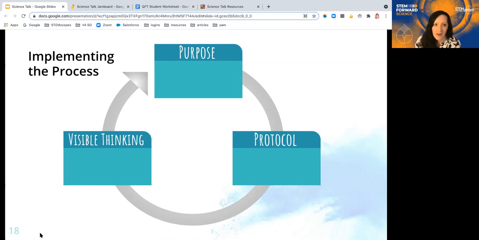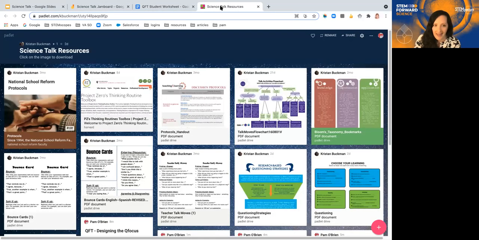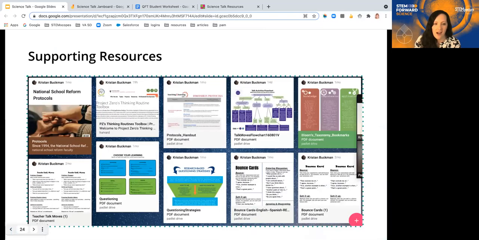Pam and I do know that there's a ton of resources out there to help with these various pieces. So we did go through the next slide here and pull together a Padlet resource for all of you. So really, once you decide on what that purpose or that reason is for talk, we found some various protocols, bounce cards, those talk moves, talk strategies, anything that you can think about that could support you in that area.